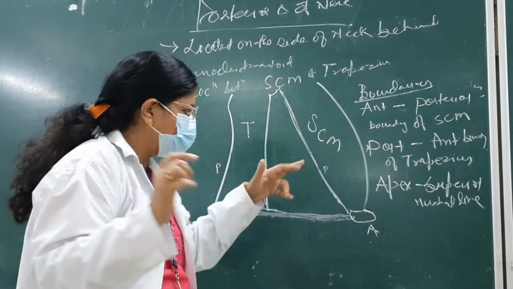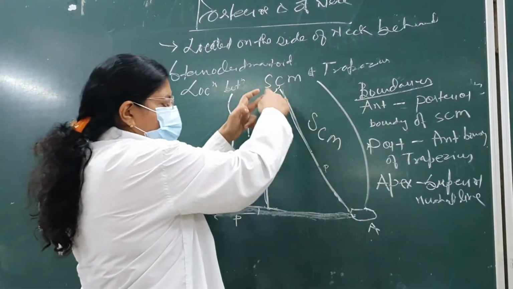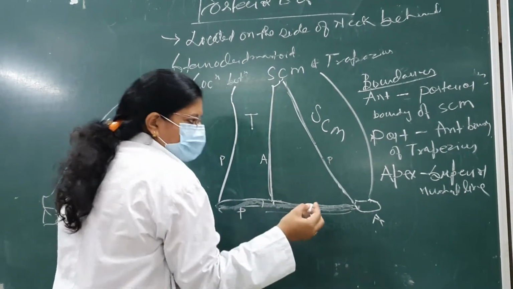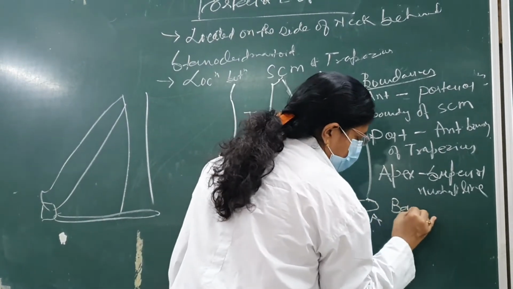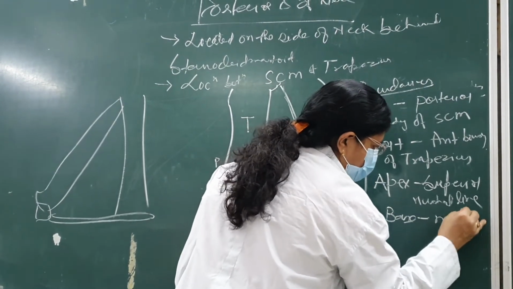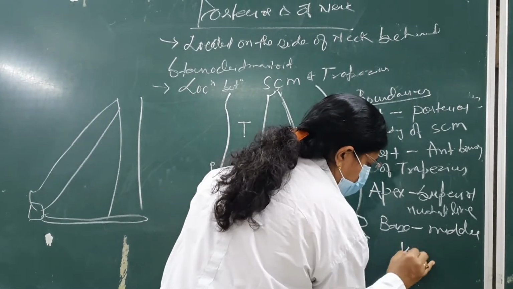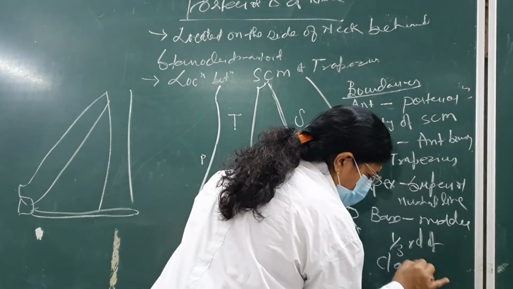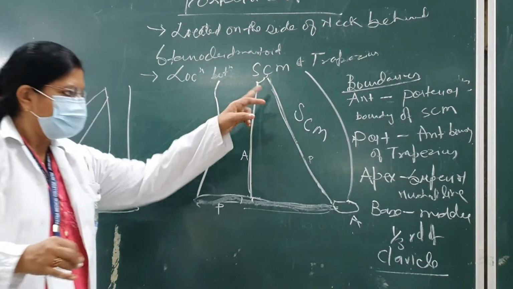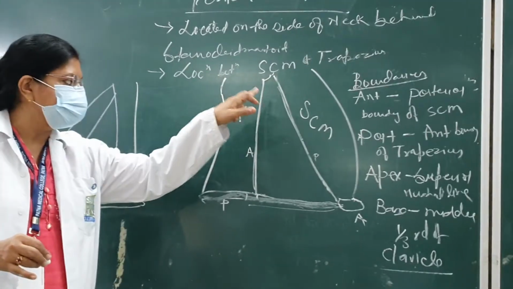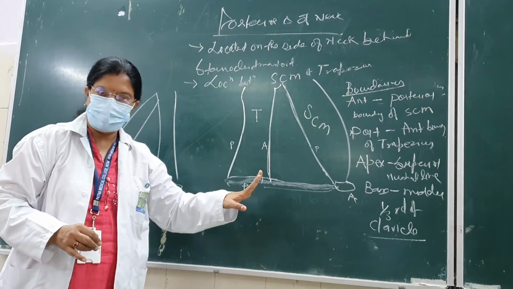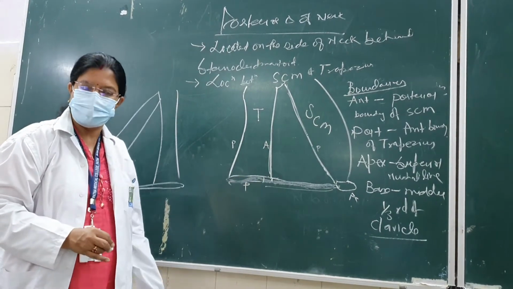Where both of them meet, that will be the superior nuchal line, and the base will be at the middle one-third of the clavicle. This is the boundary of the posterior triangle.